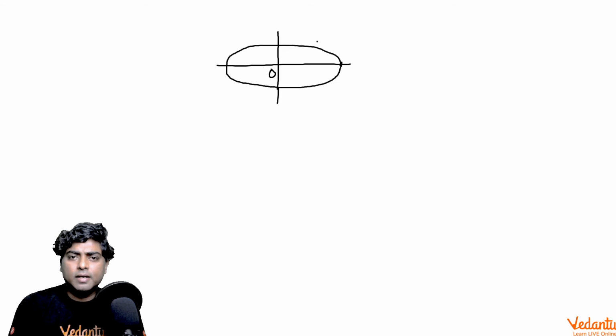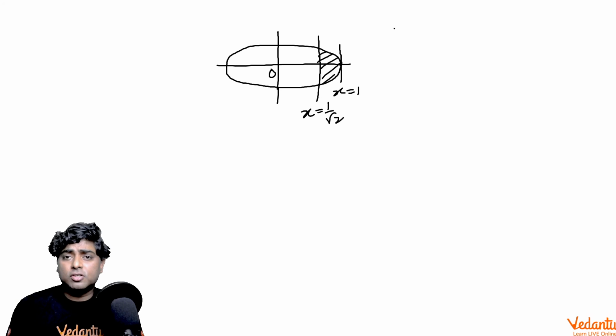So it is between x equal to 1 by root 2 and x equal to 1. So we have to find this area, and the equation of the ellipse was x square plus y square by half equal to 1.